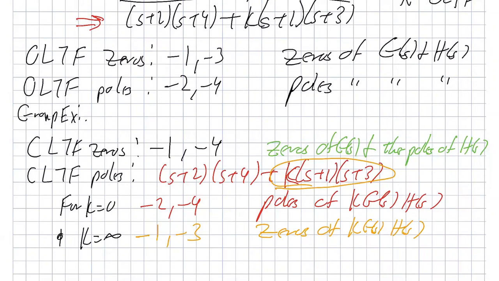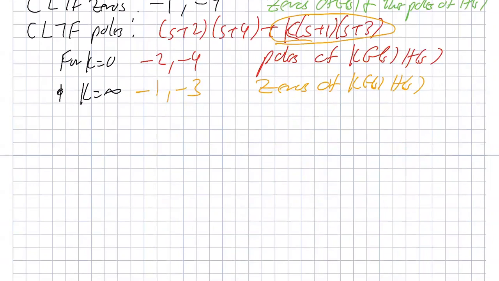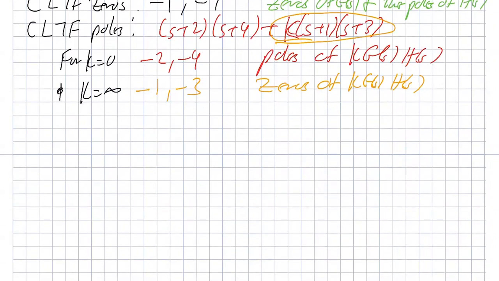Let's see if we can sketch all this. For our root locus, with imaginary and real axes, we have points at -1, -2, -3, and -4.